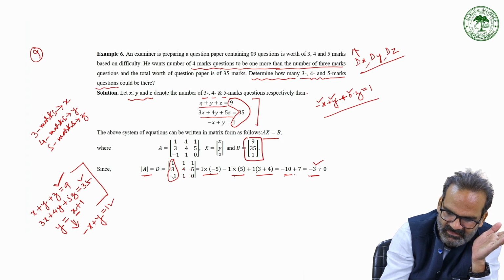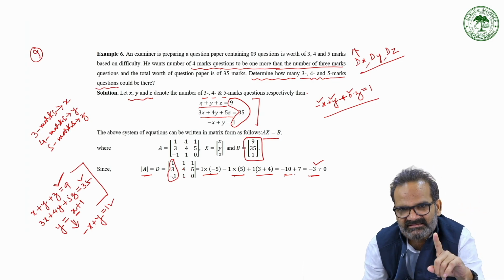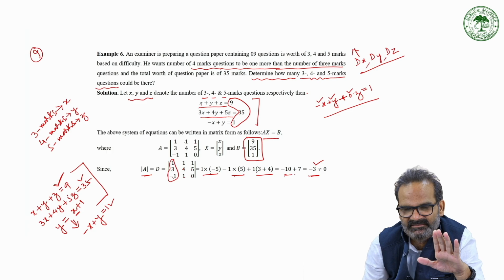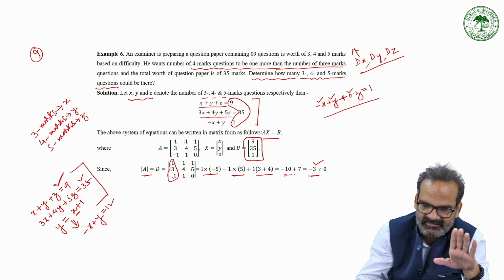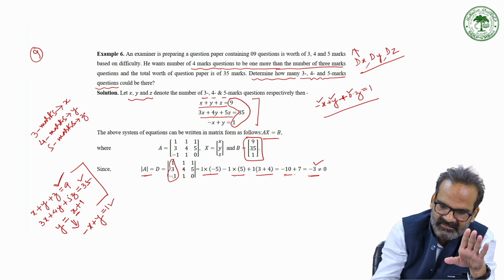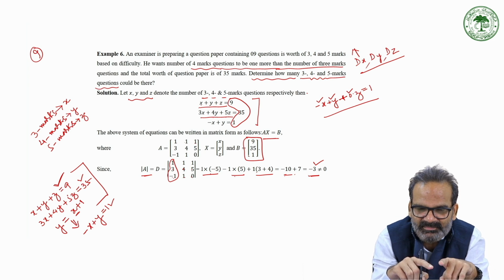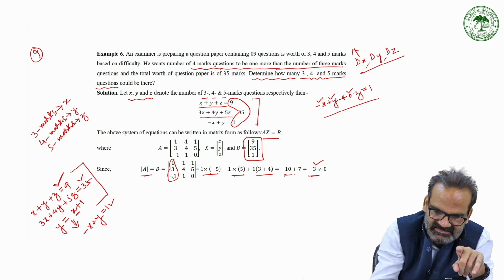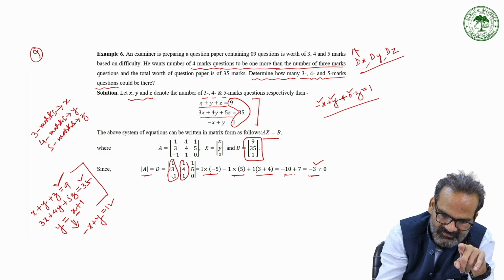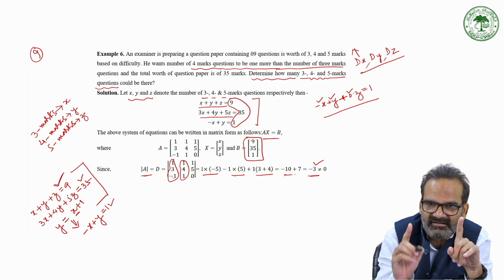See here, you can use any one of them. Dx, I have explained this process many times. Dx is simply obtained by replacing the first column of the determinant by 9, 35 and 1. Similarly, Dy can be obtained by replacing the second column of the determinant by 9, 35 and 1.